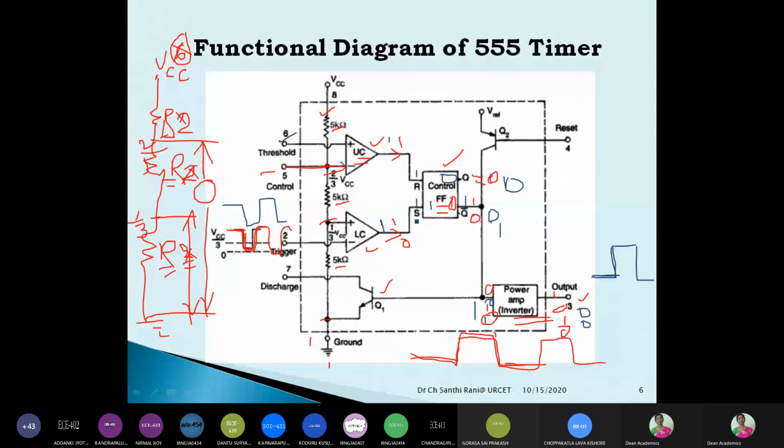During these variations, the threshold voltage at pin 6 will be greater than 2/3 VCC, and the flip-flop will be reset. So Q bar will be 1, and when Q bar is 1, output is 0. When Q bar is 0, output is 1. Like that, we get this type of output at the output of the 555 timer.